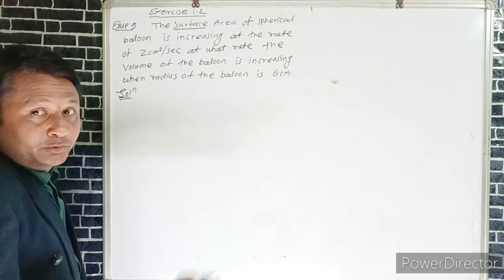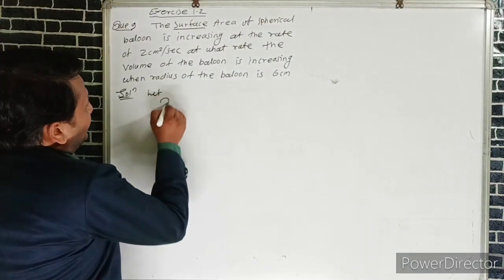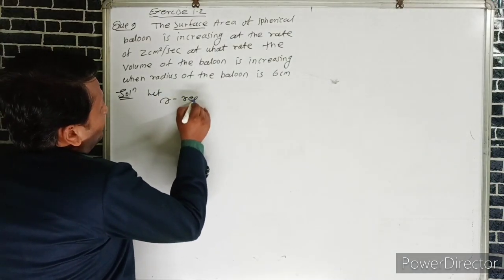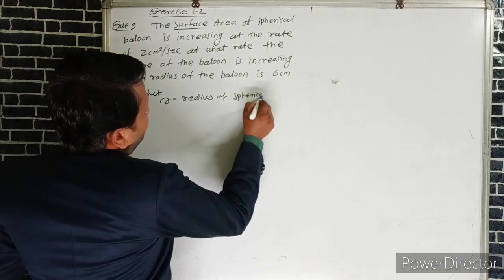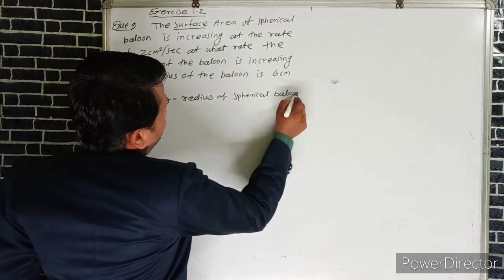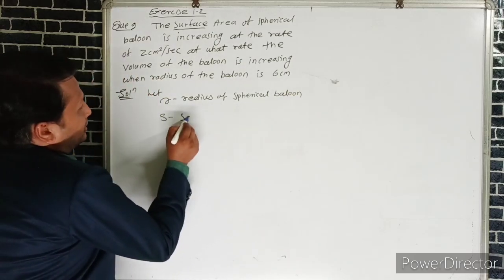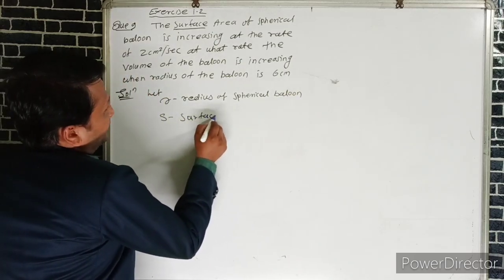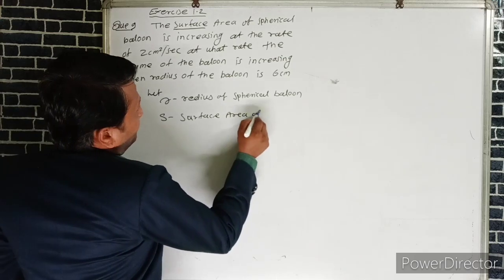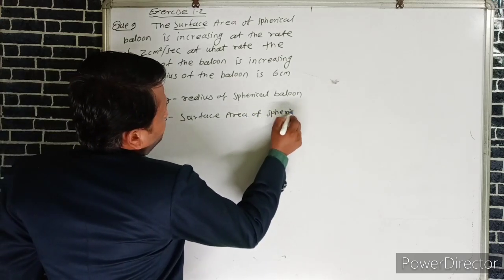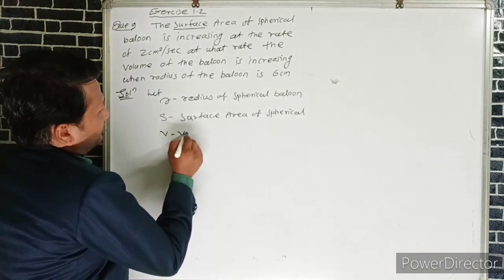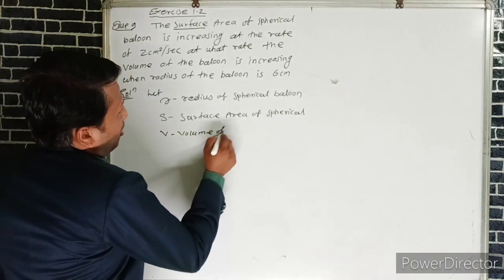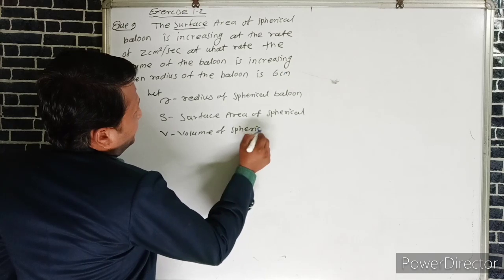So here first we consider that let r be the radius of the spherical balloon, S be the surface area of the spherical balloon, and V be the volume of the spherical balloon.